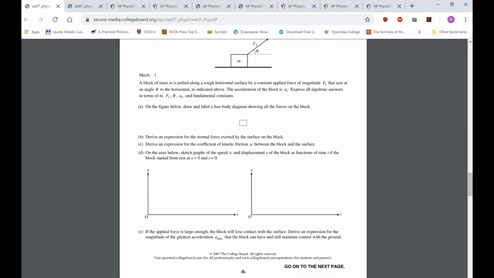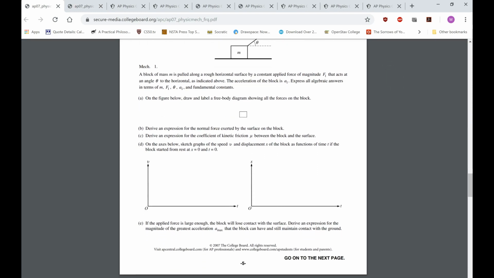After that, we are asked here to sketch graphs of the speed v and displacement x of the block as a function of time if the block started at a position of 0 at time t0. So we are told that the force does not change, so that means that the net force is constant, right?